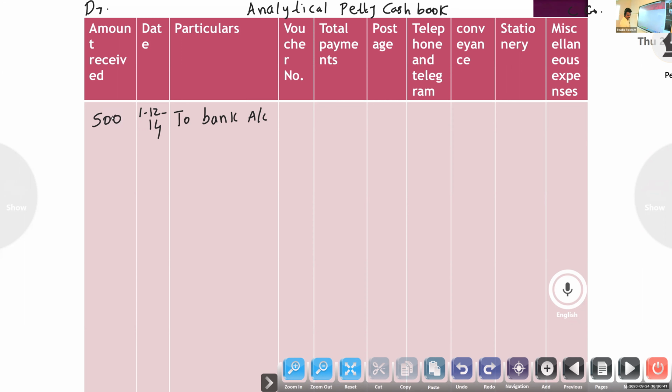Okay, next, 24th, stationery. So it is a credit item, meaning the entry will be expense account to petty cash book. So petty cash book is credit. So on the credit side, by that head, by stationery. First we have to write in total payment.